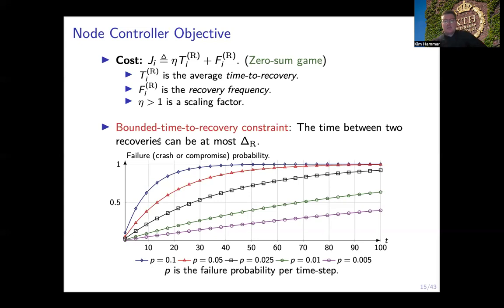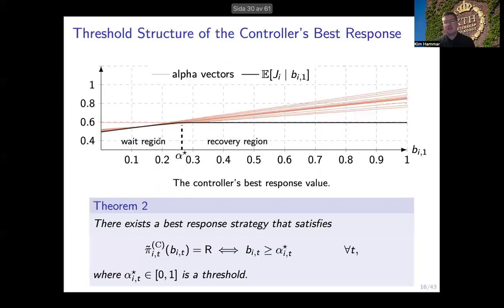And if we now compute the optimal cost function for the controller, J, then we can see that it is piecewise linear and concave in the belief, as predicted by the theory. But more interestingly, we also find that it has a certain threshold structure, where the best response for the controller can be characterized by a single threshold value, alpha, such that when the belief is below alpha, then it is optimal to wait.